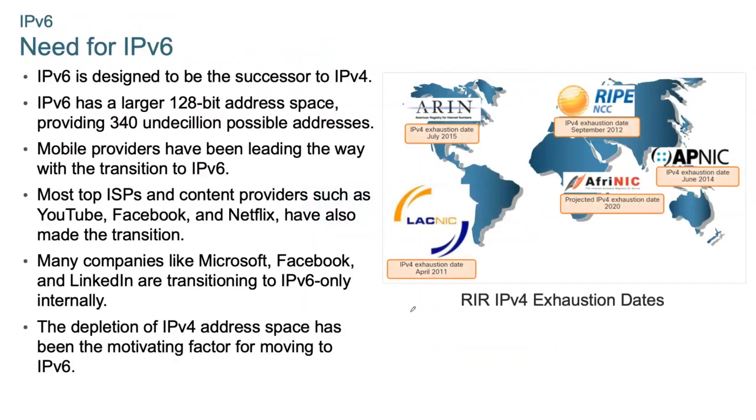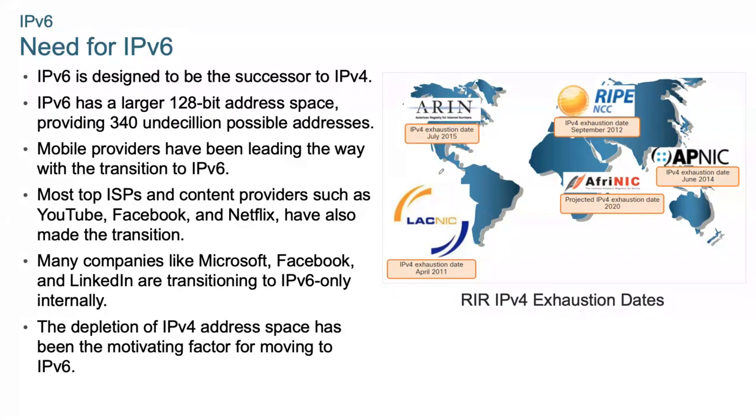Now we'll try to discuss the IPv6 portion. As IPv6 is designed to be the successor of IPv4, you can see that the internet address providers, the ISPs, internet service providers, are categorized into different geolocations. One is ARIN, another is RIPE, APNIC.